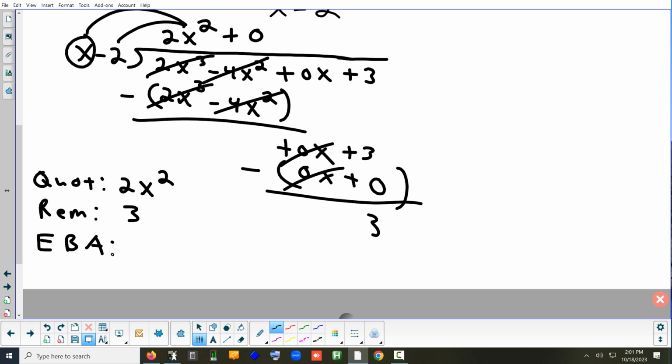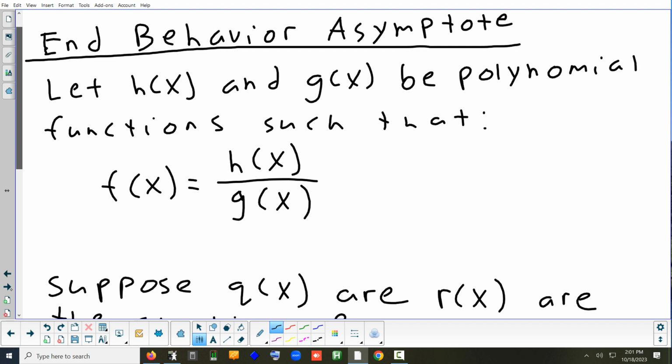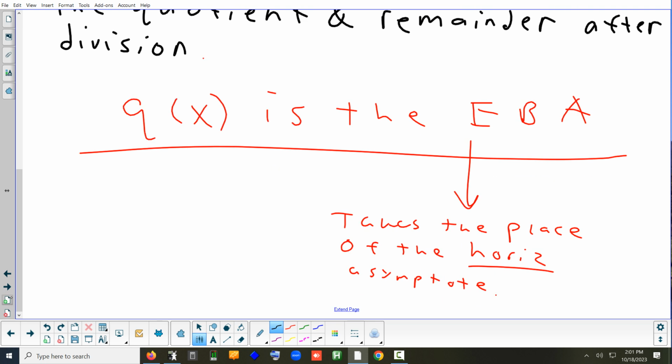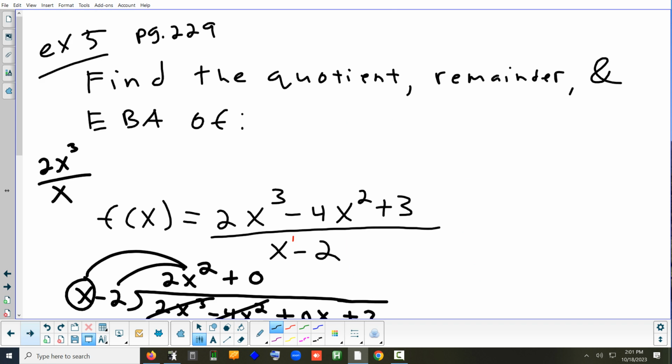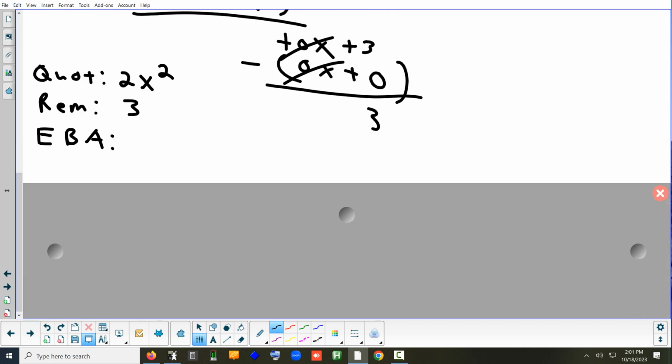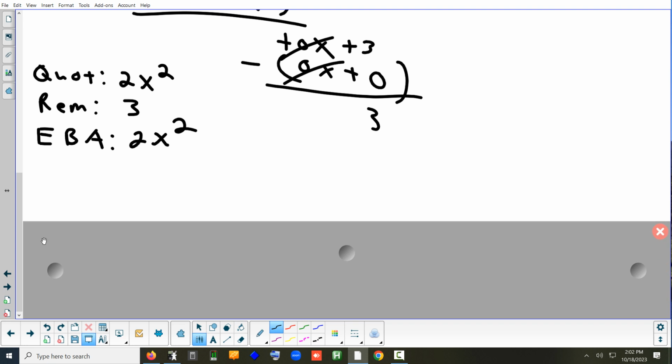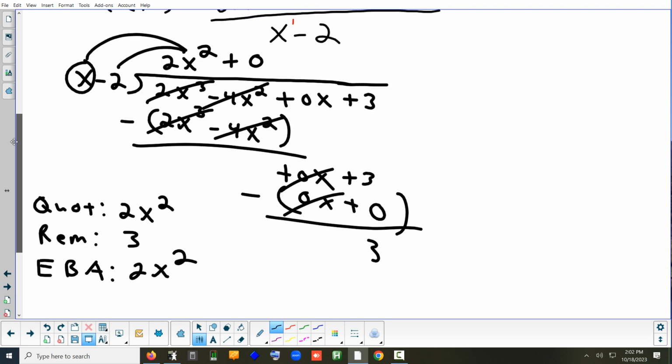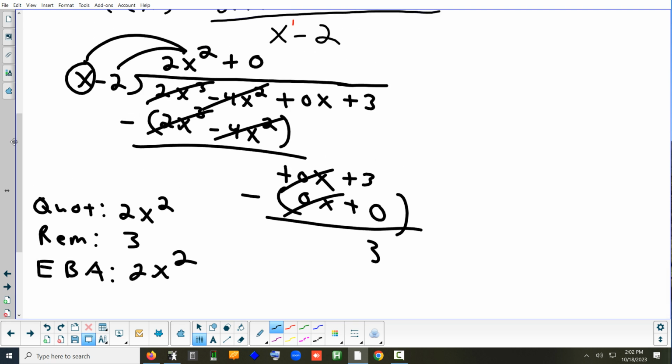It's just 2x squared over 1, or just 2x squared. The quotient is the EVA. They're the same thing. So it's just 2x squared. And that's it. That's the quotient, the remainder, and the EVA.